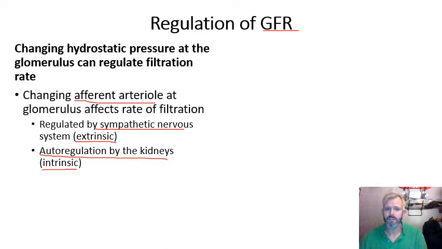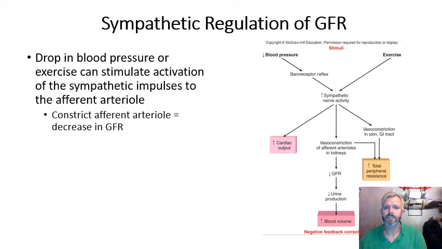So let's take a look at these things and how that can change to offset or regulate the filtration. Sympathetic regulation of GFR: a drop in blood pressure or exercise. Both of those can be stimuli to cause constriction of the afferent arteriole.